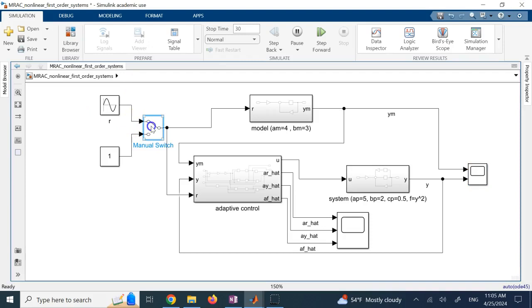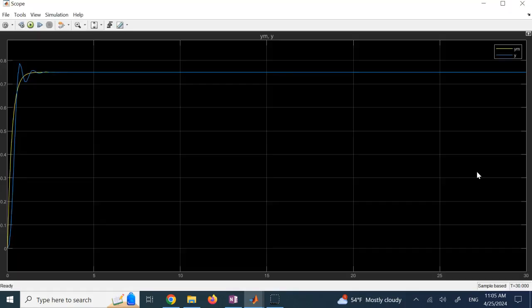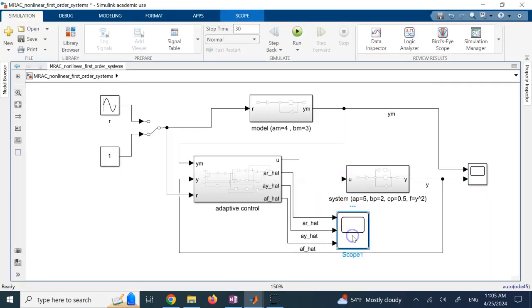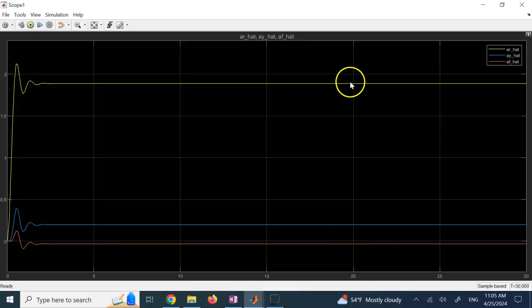And now if I switch to the constant input for R, let's see if I still get similar results. You know you shouldn't. Clearly your tracking error is still going to go to 0, but not these parameters. You see now this one does not converge to 1.5. It is about like 1.78.